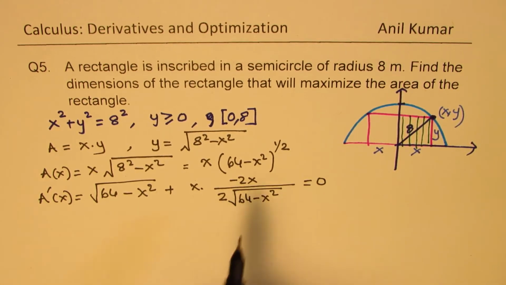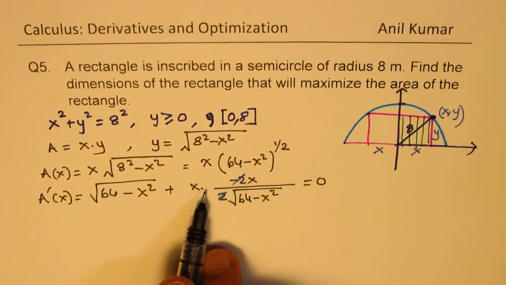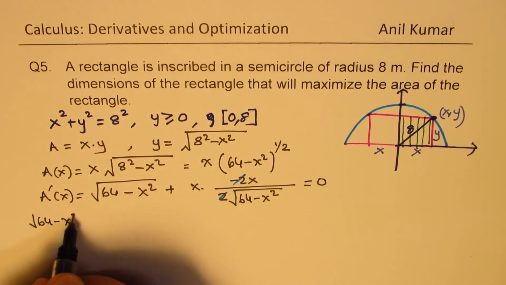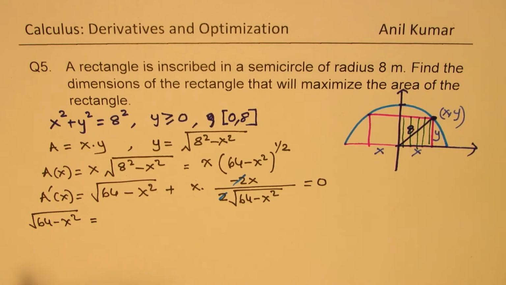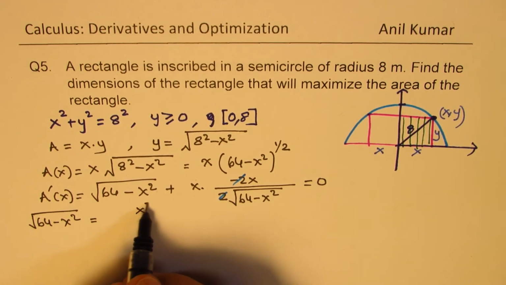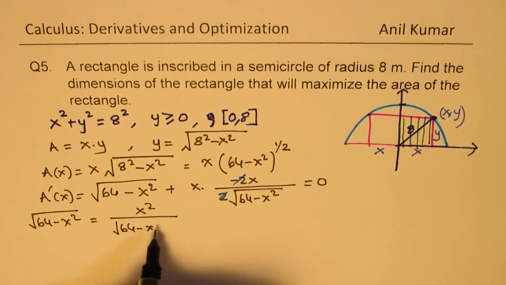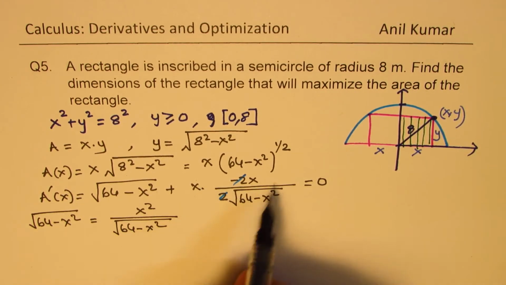So basically, let's simplify this a bit. We can cancel these 2's. Taking this on the right side, we get the square root of 64 minus x squared equals x squared over the square root of 64 minus x squared, right?